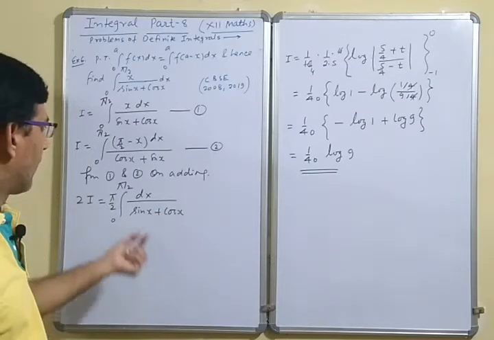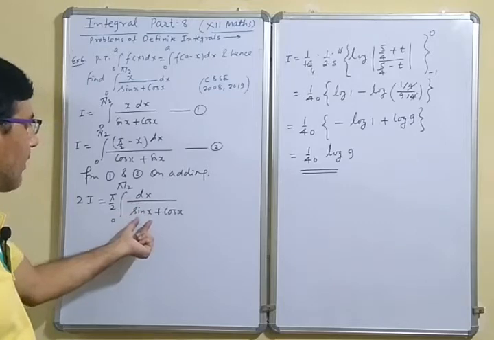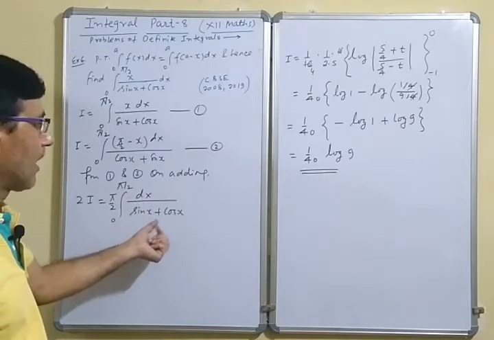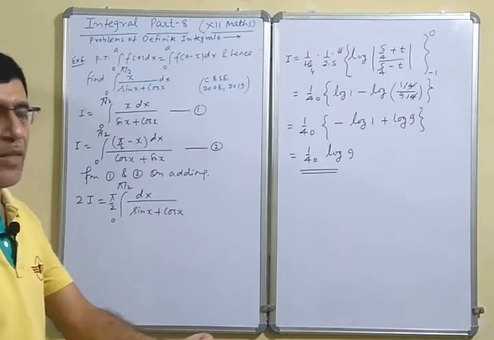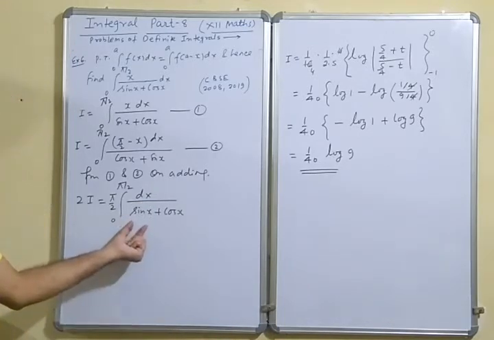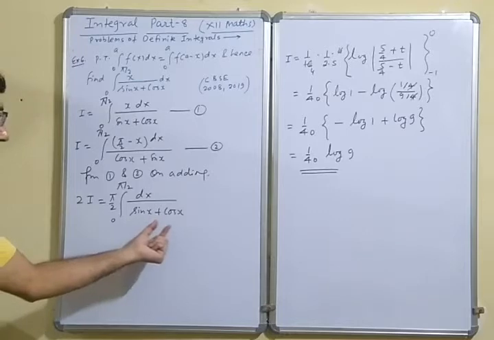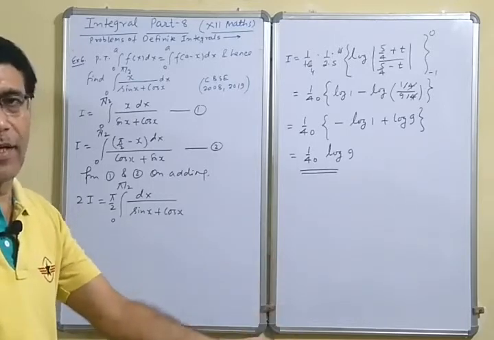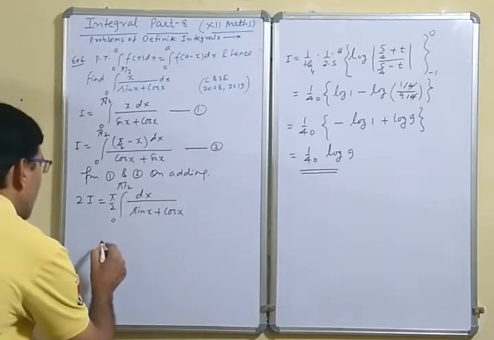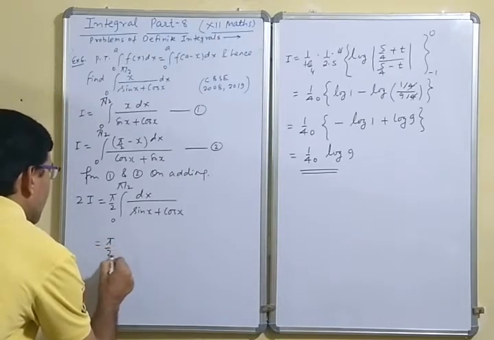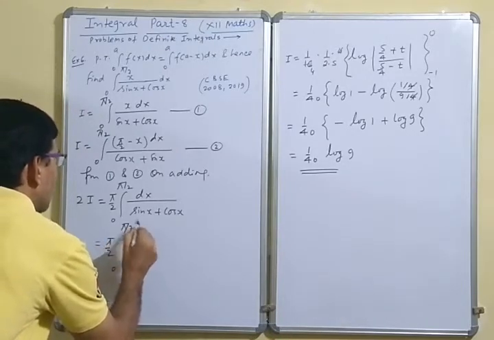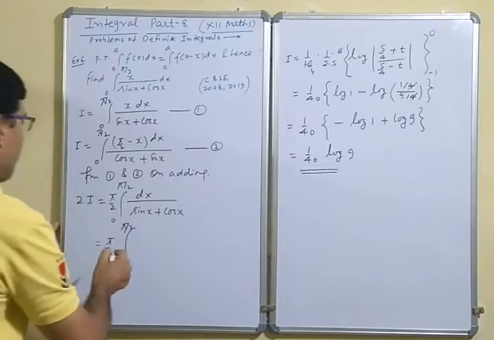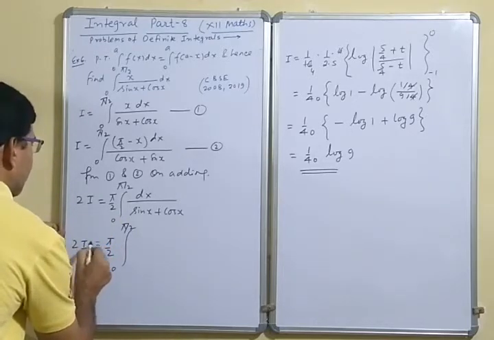Whenever such type of example is given in the form of sin x and cos x, it is better you change it in the formula of tan x. So sin x we know in terms of tan x by 2, and cos x in terms of tan x by 2 we know. Now we will apply the formula. So what it becomes, pi by 2, 0 to pi by 2, that is 2I.